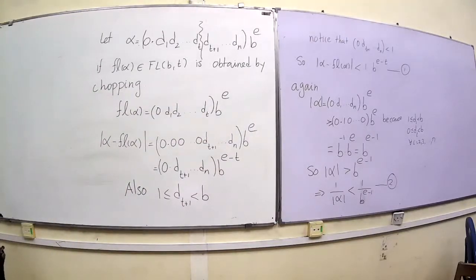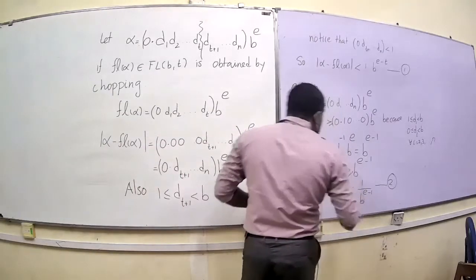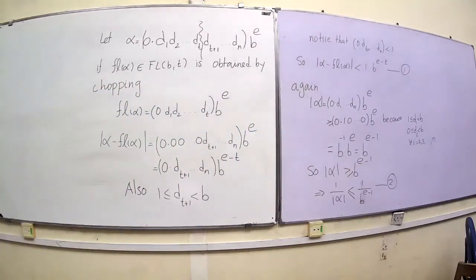Here 1 upon the absolute value of alpha is less than or equal to 1 upon b to the power e minus 1. But in equation 1, you have the absolute value of alpha minus FL of alpha is less than 1 times b to the power e minus t.